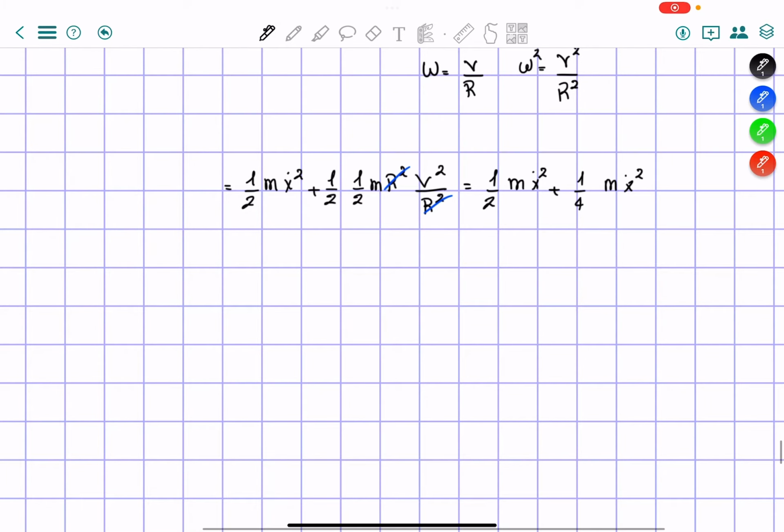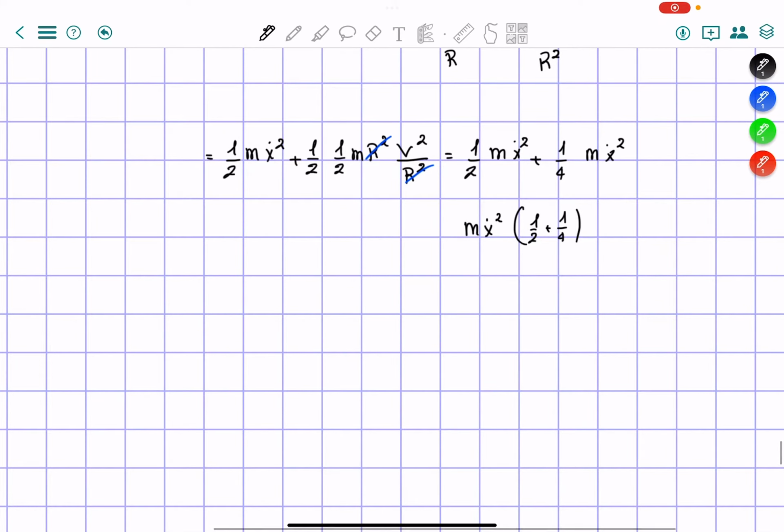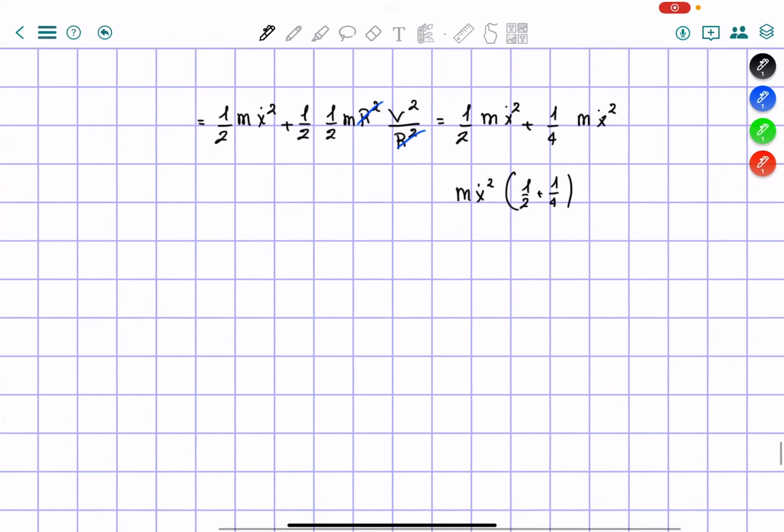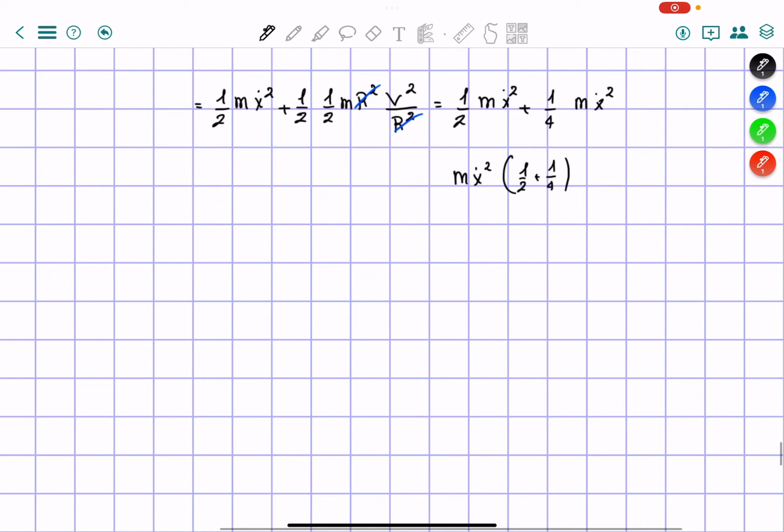Okay, as you can see, now we can simply do x dot squared times 1/2 plus 1/4, and this actually equals to, sorry, 3/4. My bad.